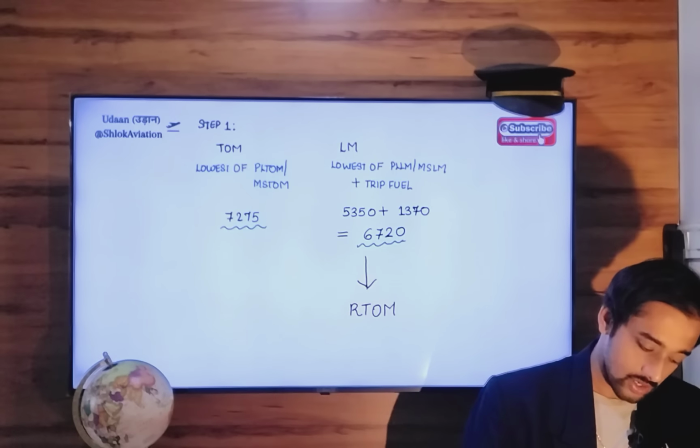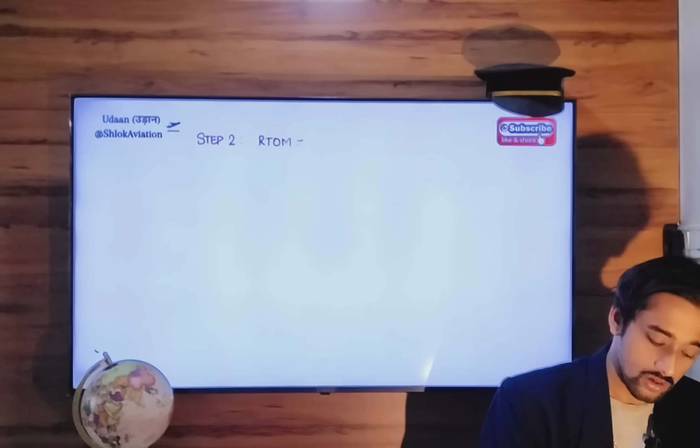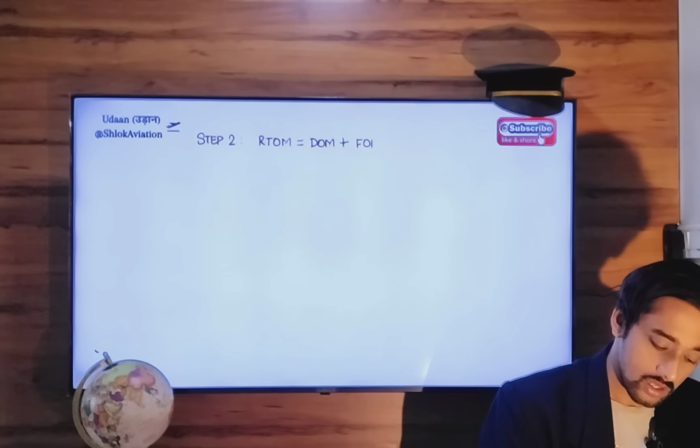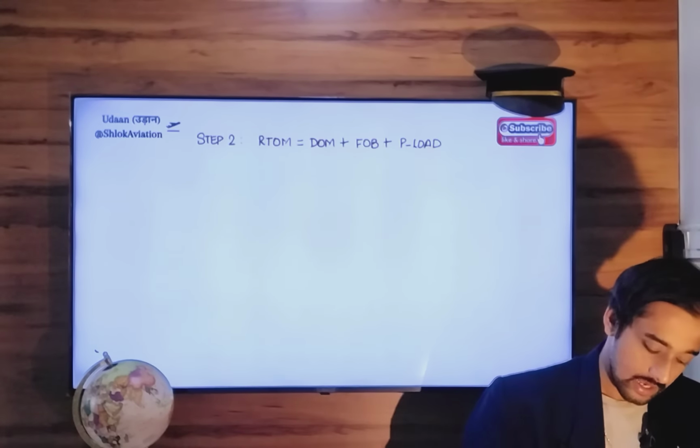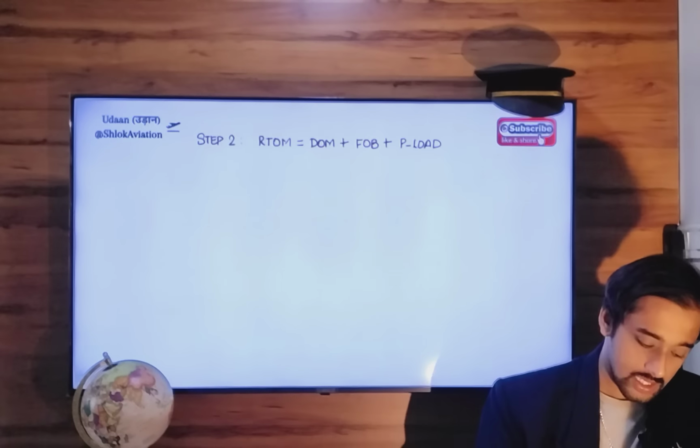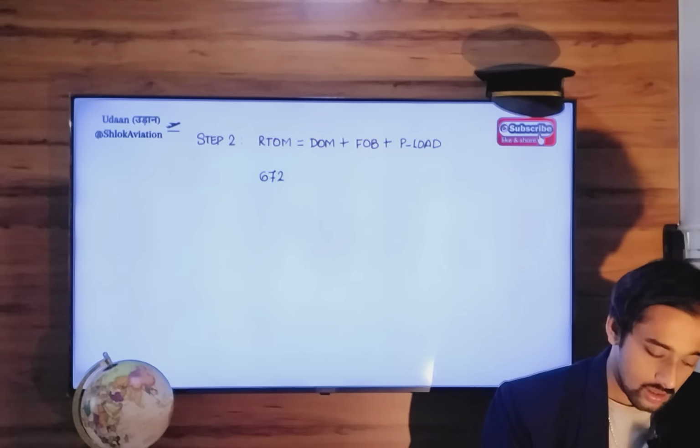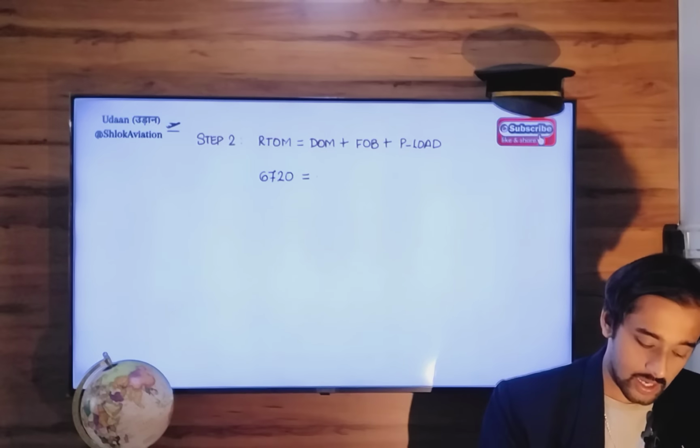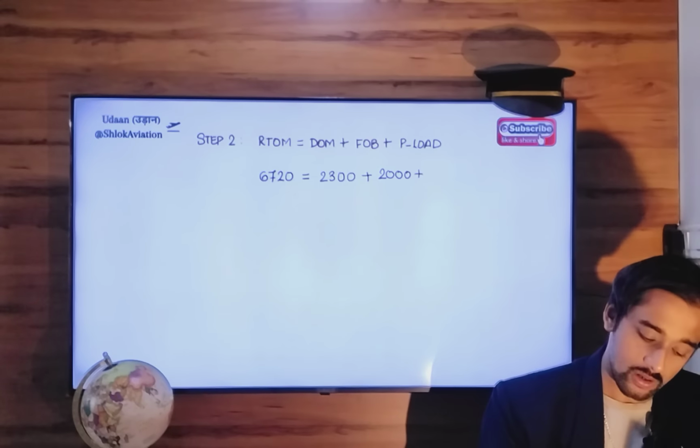Let's go to step number 2. Step number 2 is the formula: regulated takeoff mass equals dry operating mass plus fuel on board plus payload or traffic load. Substitute the values. 6720 equals DOM 2300, fuel on board, also known as takeoff fuel, is 2000, plus payload.